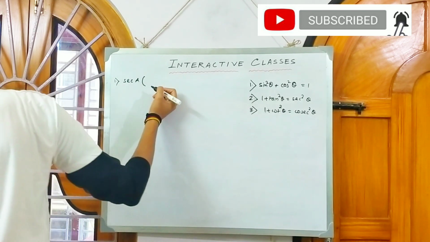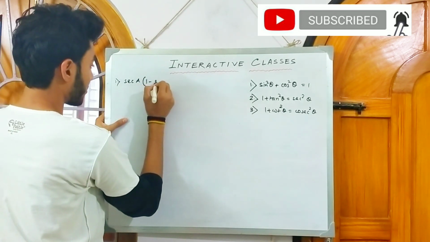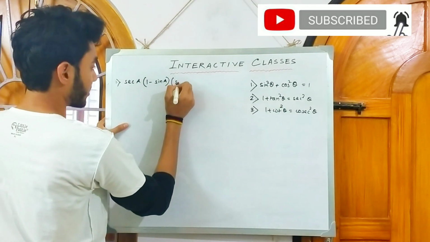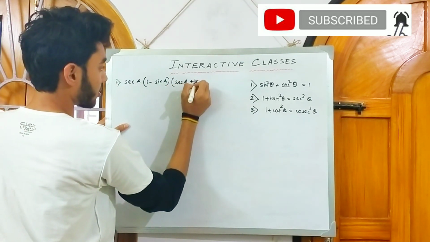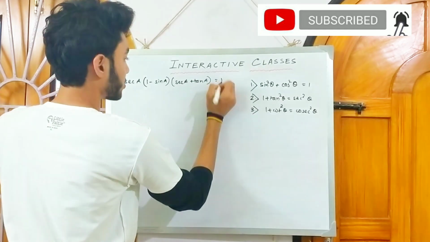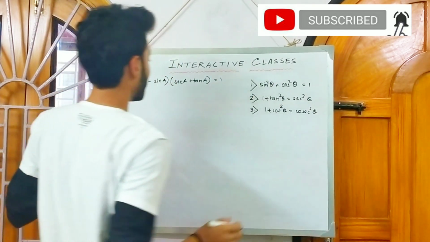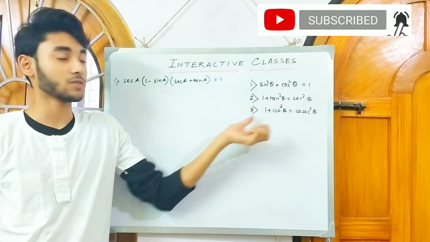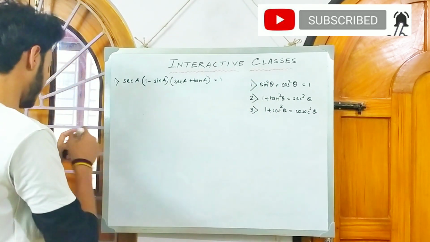Sec a (1 minus sin a)(sec a plus tan a) equals 1. Now we have to prove that this is 1 by using these formulas. Now let's start.